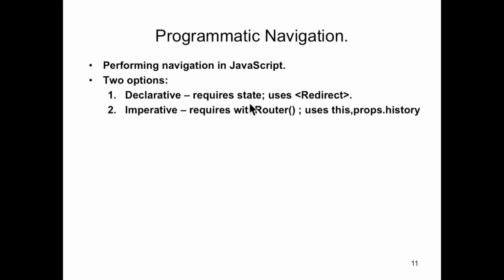The difference between the two is that if you go the declarative way, then you have to introduce a piece of state into your component, just specifically to support the programmatic navigation, and you use the redirect component from React router in addition.